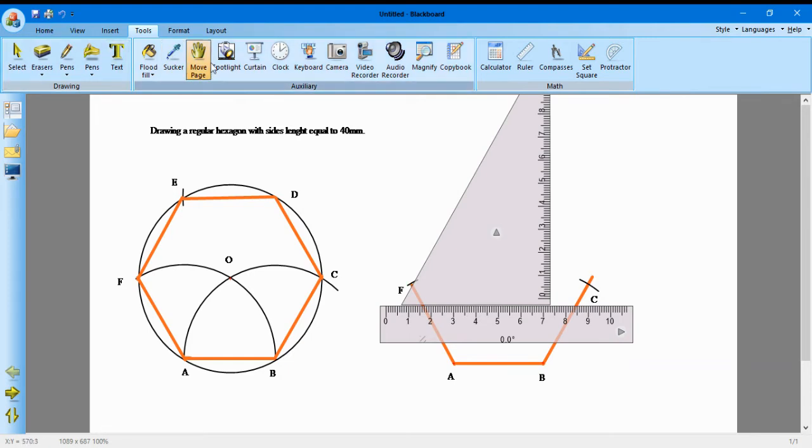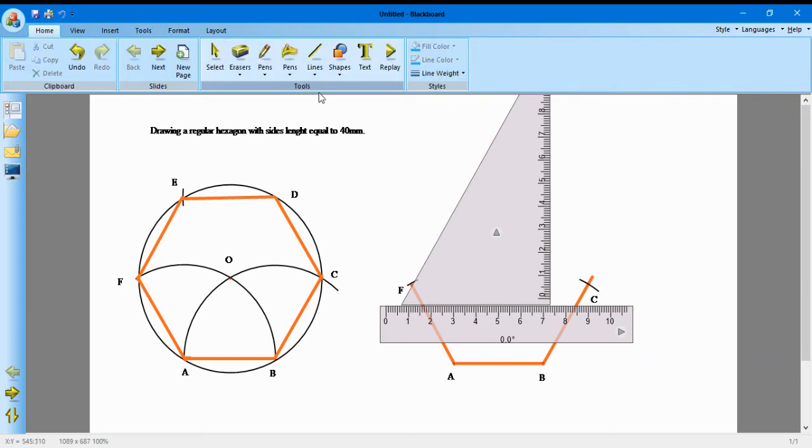What will I do next? I need to draw a line from here, which is point F, flush to right here on the set square. Okay? Notice?